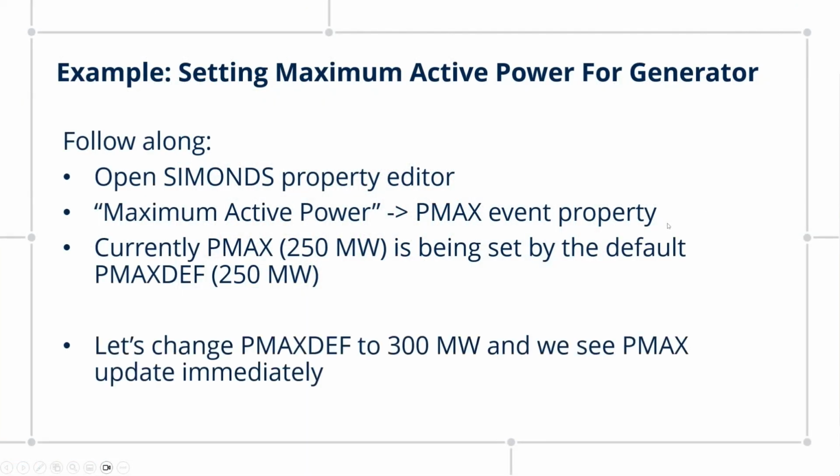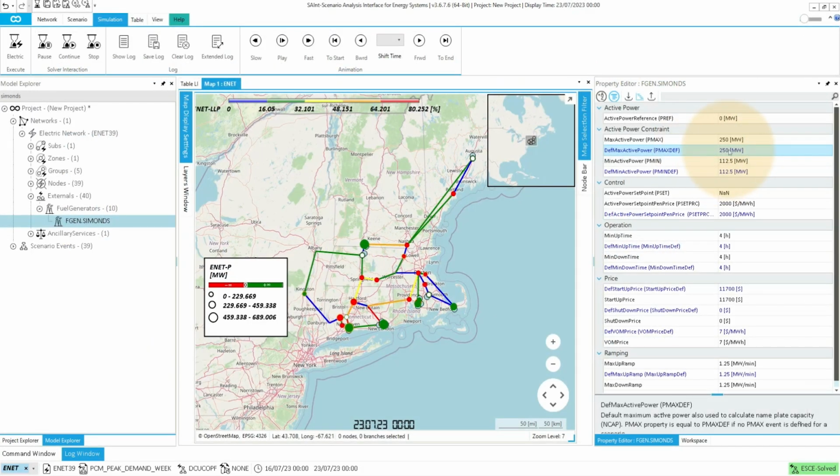Let's change Pmax def, the default value for Pmax, to be 300 megawatts. So I'm going to go in and edit my default Pmax value to be 300 megawatts. I see instantly the Pmax value is updated. Again, that's because Pmax is being set by the default value.